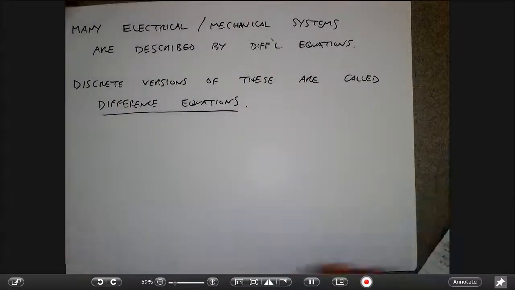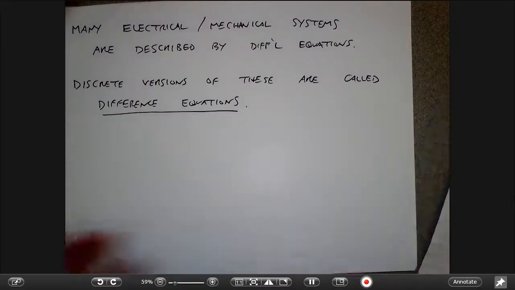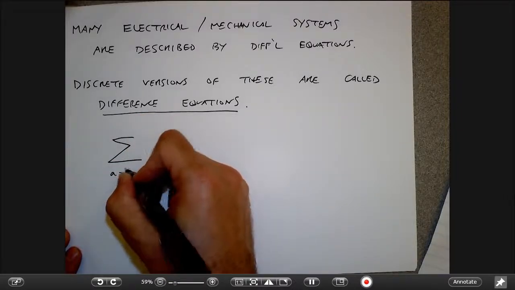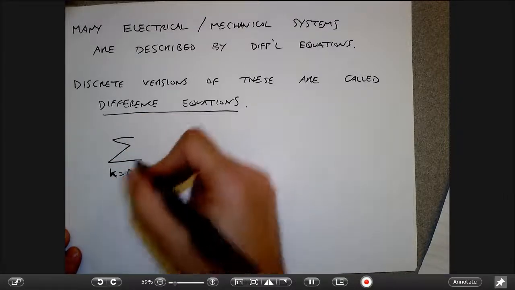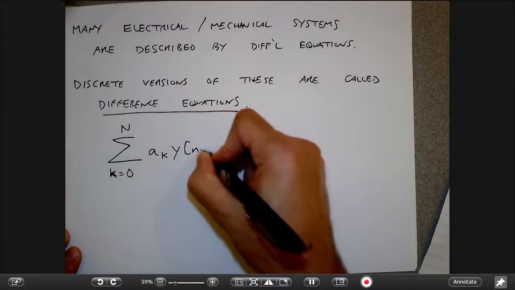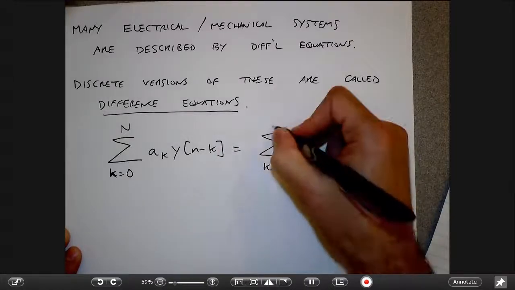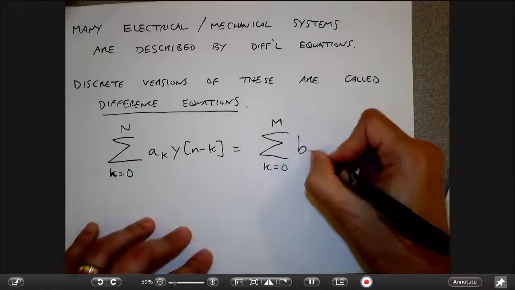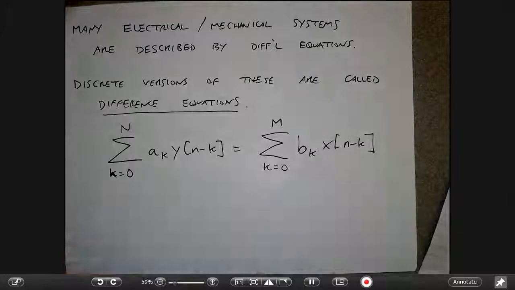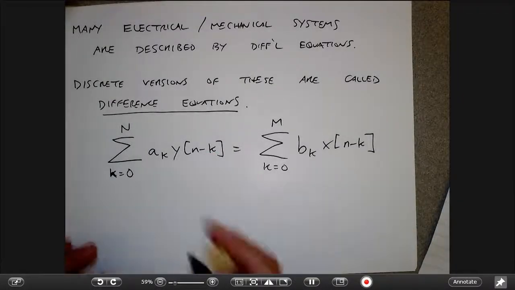And difference equations usually look something like this: I've got some number of output values, and that's equated to the sum of some number of input values. These are basically called linear constant coefficient differential equations, or difference equations, right?